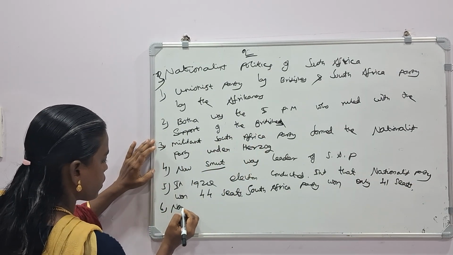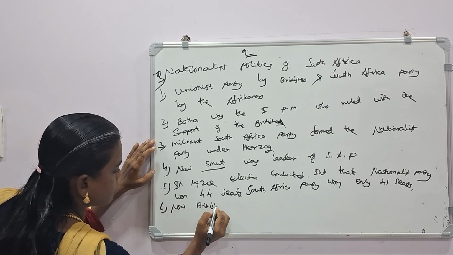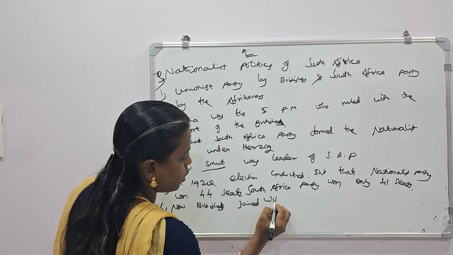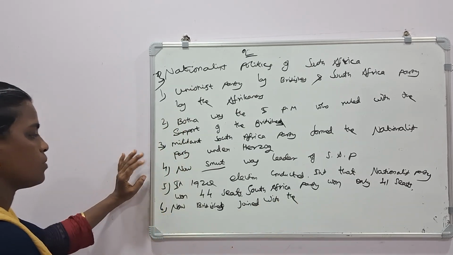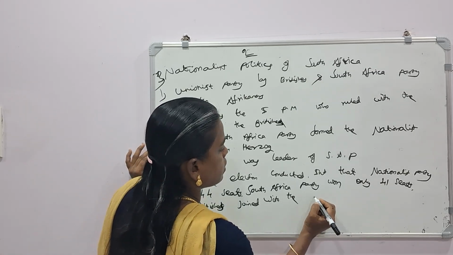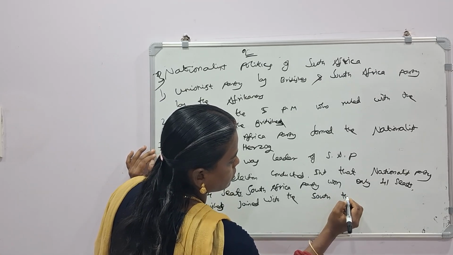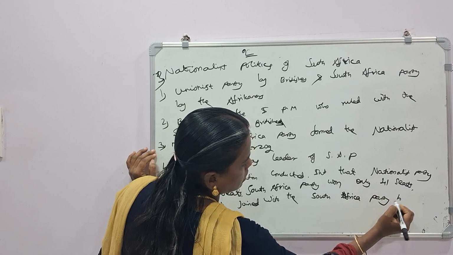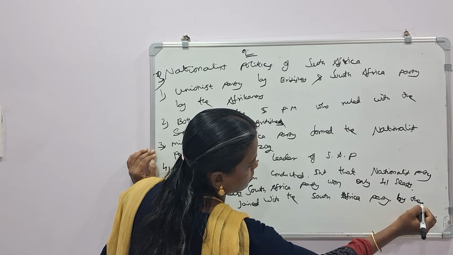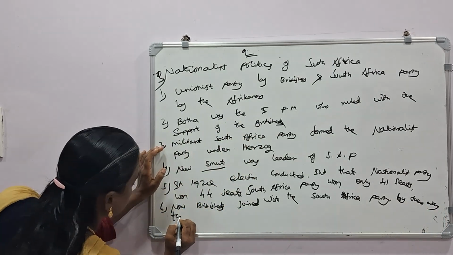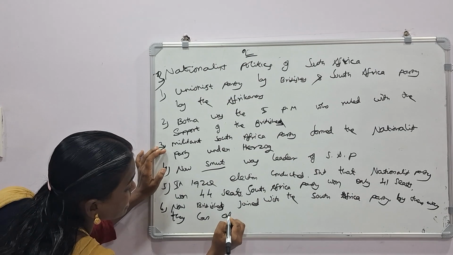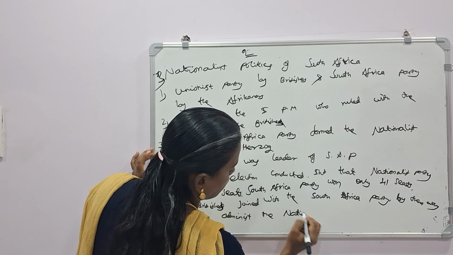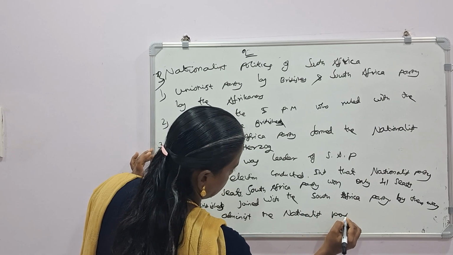Sixth one, now the Britishers joined with the South Africa party. By the way, they could administer the Nationalist party.